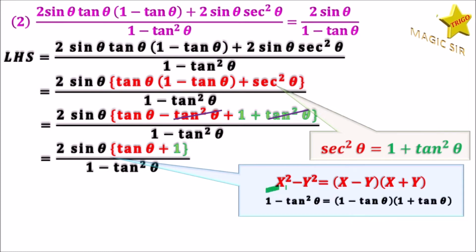Let us suppose x equal to 1 and y equal to tan theta. So x minus y equal to 1 minus tan theta and x plus y equal to 1 plus tan theta.